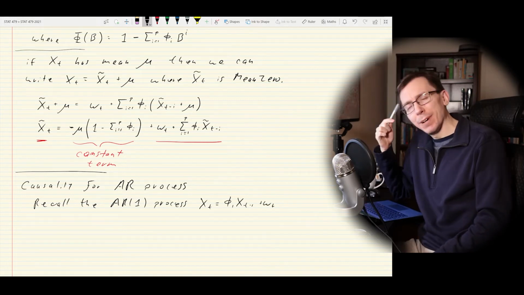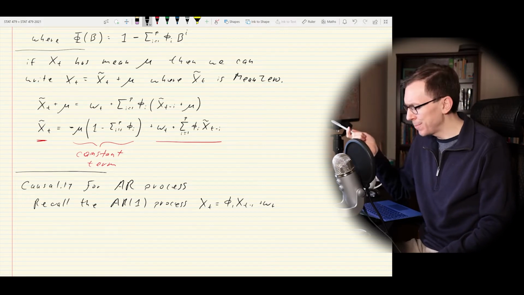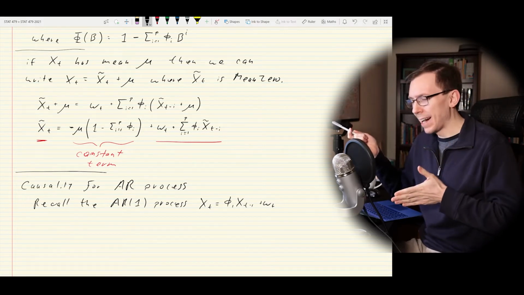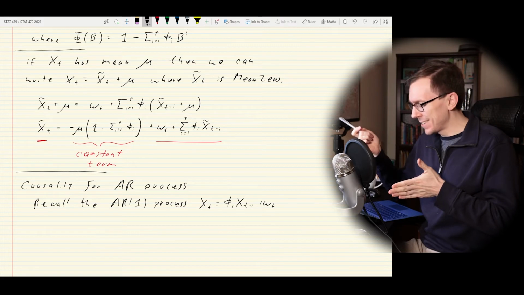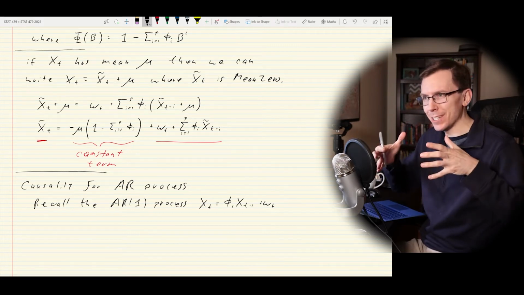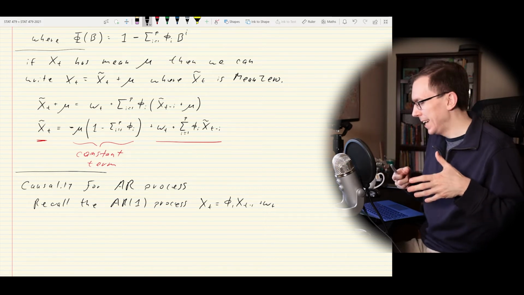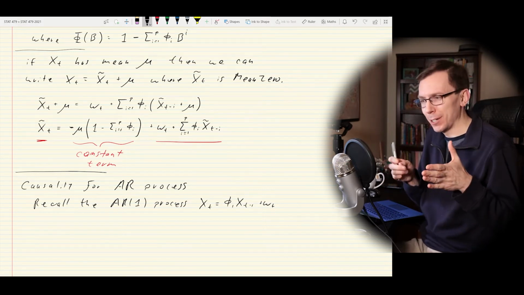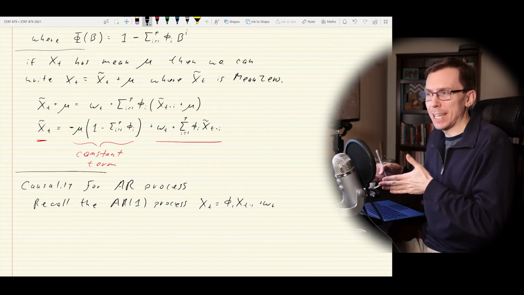Now, when you look at that, you might think, well, that sounds causal, right? Because the current time point t depends only on the present and the past. That is, it depends on wt, which is our present white noise, and it depends on xt minus 1, which is what happened one time step ago.